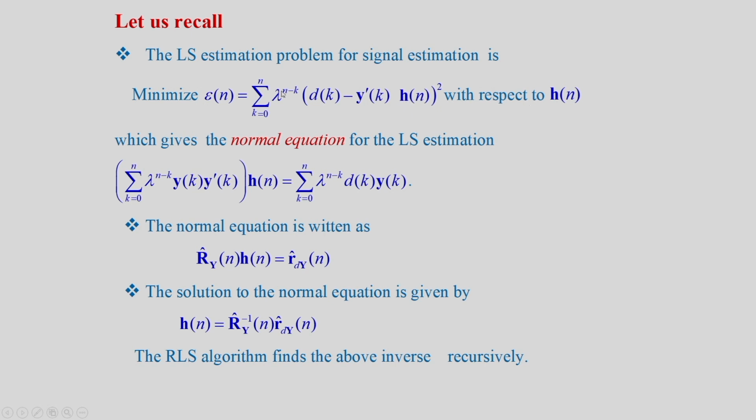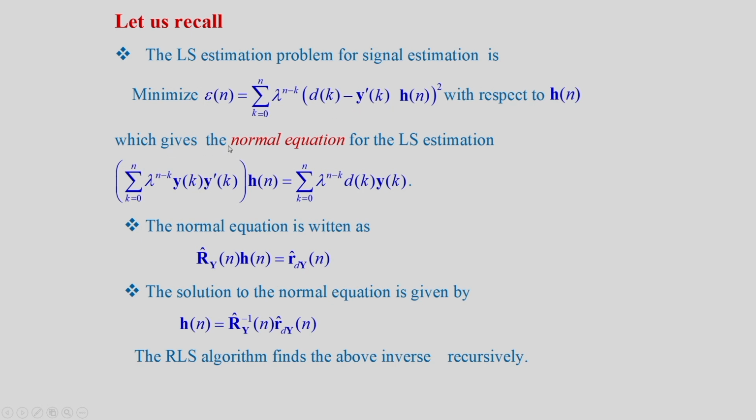So, we have to minimize this weighted sum square error with respect to the filter parameters, and here dk is the desired signal and yk is the input signal.